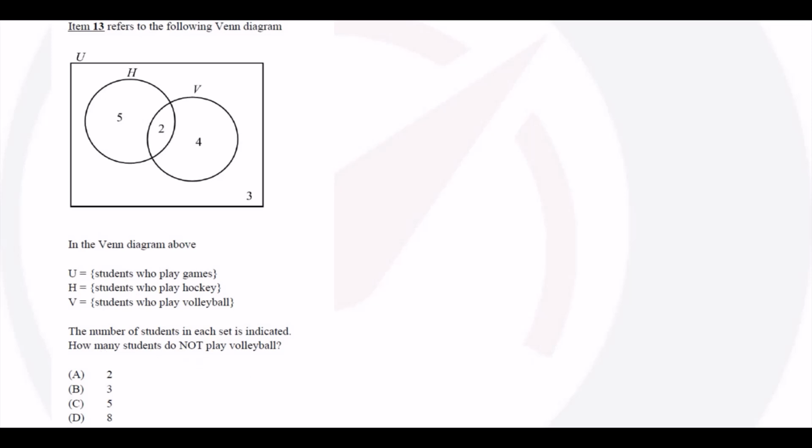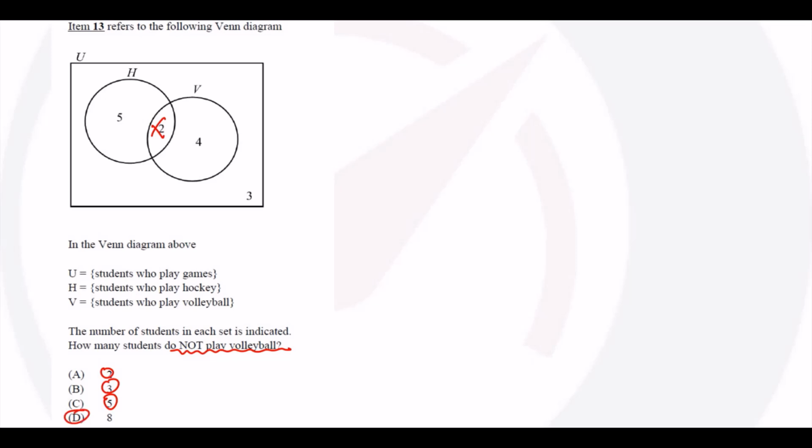So I want to know, do not play volleyball. Alright, so this 2 here is the intersection, so that can work. This 3 here is those who don't play either, they don't play hockey nor volleyball, so that 3 can work. This 5 represents the 5 students who play only hockey. So therefore, by elimination, the answer is going to be 8.